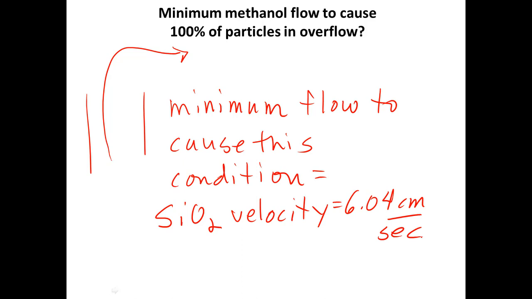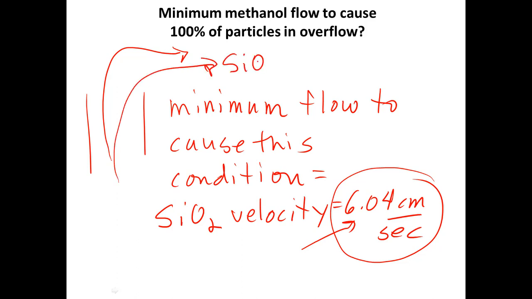For that to happen, we would need a flow in excess of 6.04 centimeter per second, simply because the downward flow of SiO2 is the greatest of the two particle types. And so we need to increase the methanol flow greater than 6.04 centimeter per second. That would cause all of the particles, both SiO2 and gold, to flow out. Of course, the gold would flow out first because it has a much lower settling velocity, and then all of the quartz would flow out.